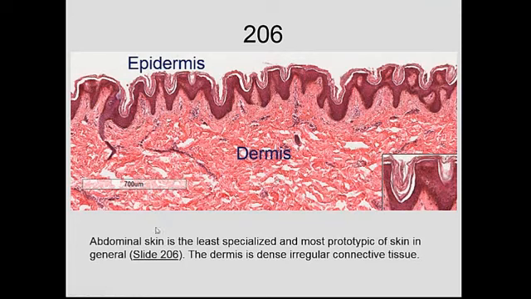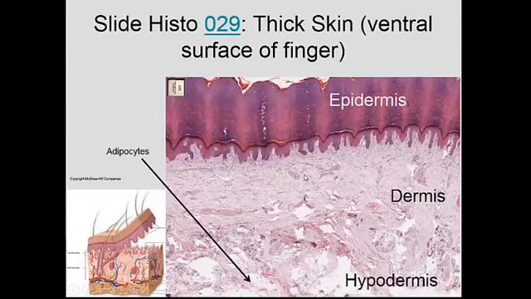Now, if we look at abdominal skin, which is least specialized and most prototypic of skin, we see the dermis is dense, irregular connective tissue, and the epidermis is above. If we look at thicker skin, we see a thicker epidermis, dermis, hypodermis below, and you can see where the epidermis has pulled off. And whenever this happens, you have the interdigitation.